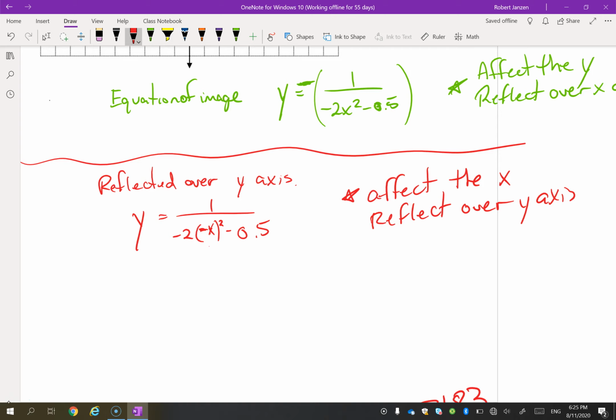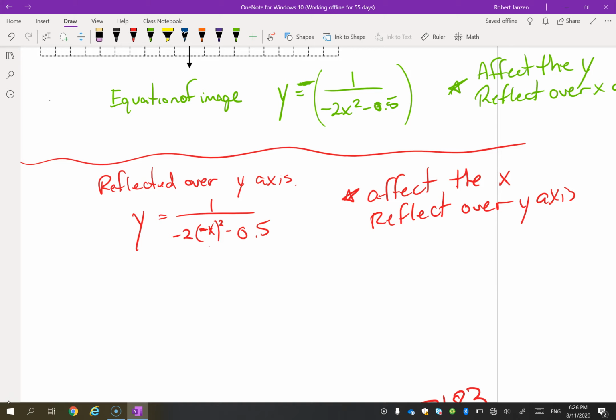Okay, now your textbook will probably simplify these. You don't have to simplify them. Okay, if you put that negative inside, you would have an equation like this. You could put the negative in the bottom, it would turn this one positive, and it would turn this one positive. Okay, but again, you don't need to do that.